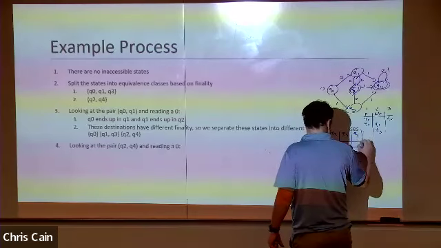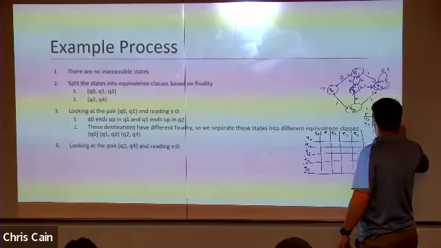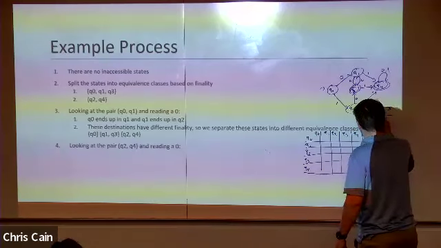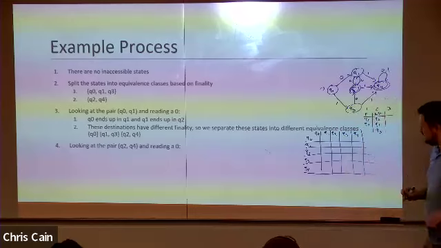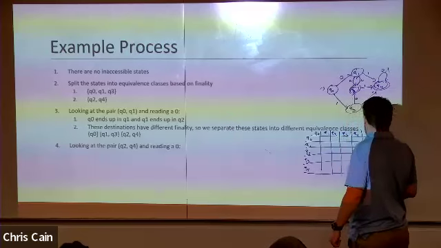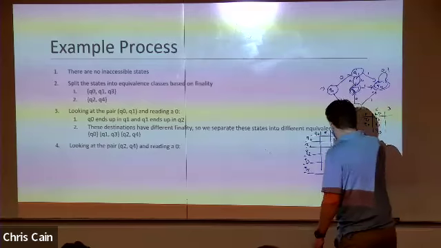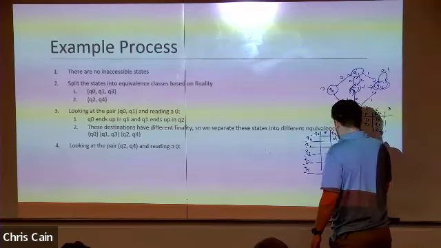So the goal of this is to find all distinguishable pairs. So we know that, let's move back to here. We're going to mark everything distinguishable that is distinguishable. So we know Q0 and Q2 are distinguishable. And really, we don't need this whole thing.